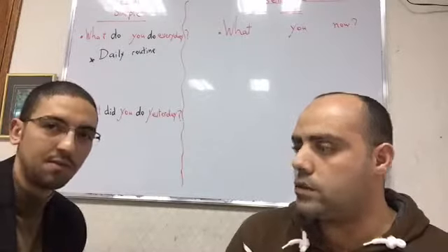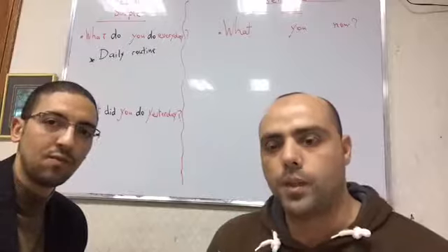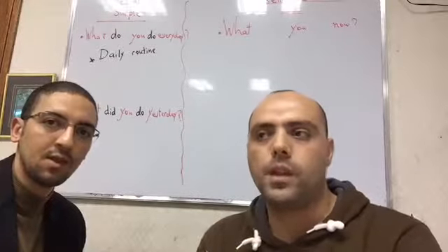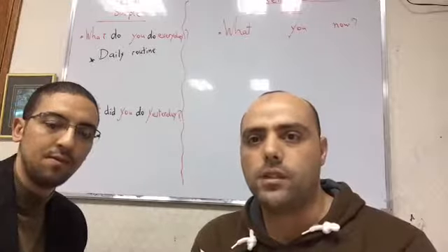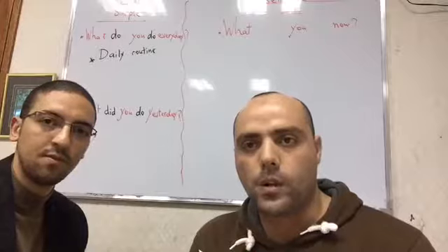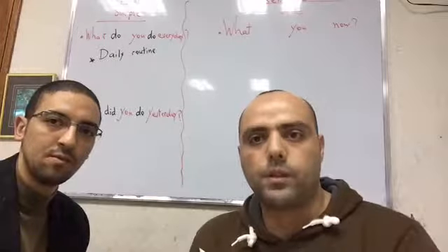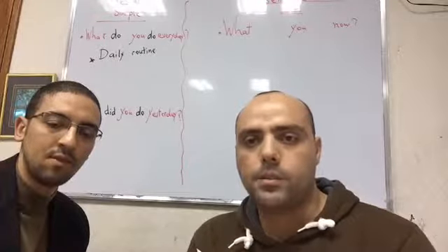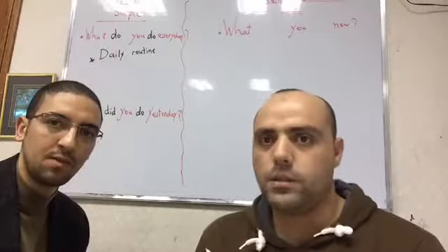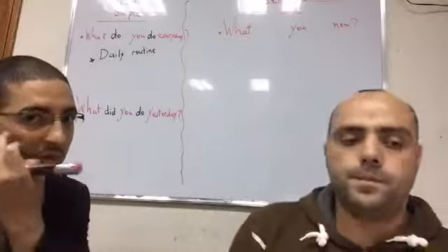All of them are going to be finished actions, deeds that happened and ended. As we told you in the previous videos talking about the past simple, we call them as English teachers the did actions.